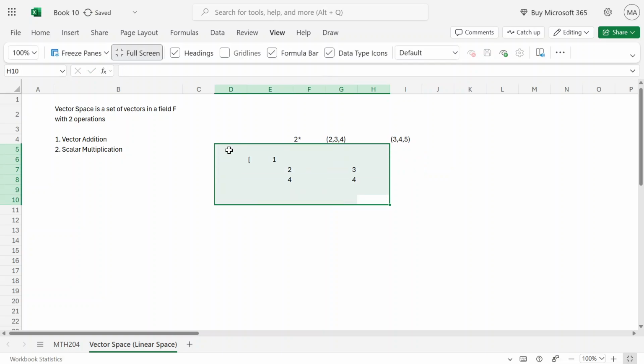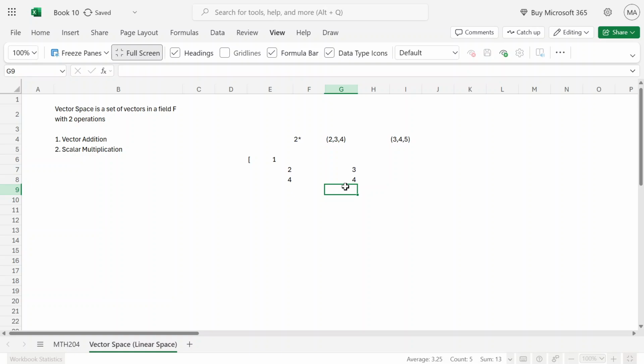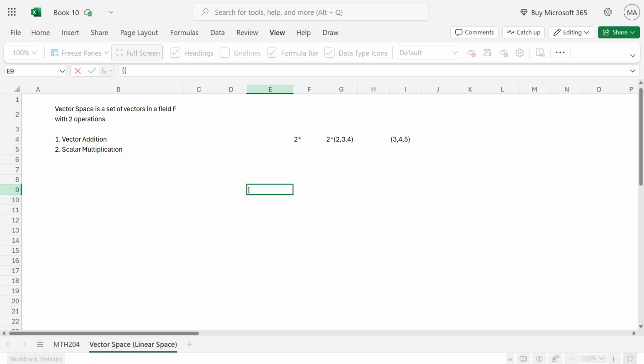Okay. Now let's perform vector addition and scalar multiplication. Our vector is 2, 3, 4, right? This is our vector here. And now we are saying this vector times 2, or 2 times that vector, they are the same thing. How do you do it? You have a vector here, and each number in that vector must be multiplied by 2.